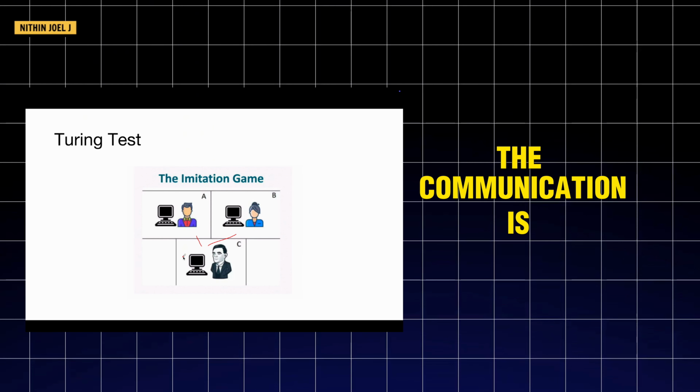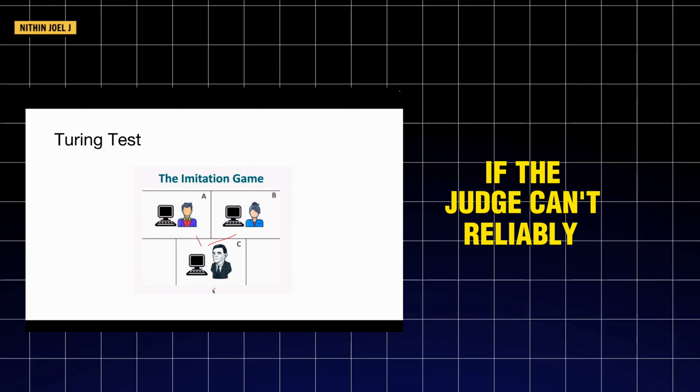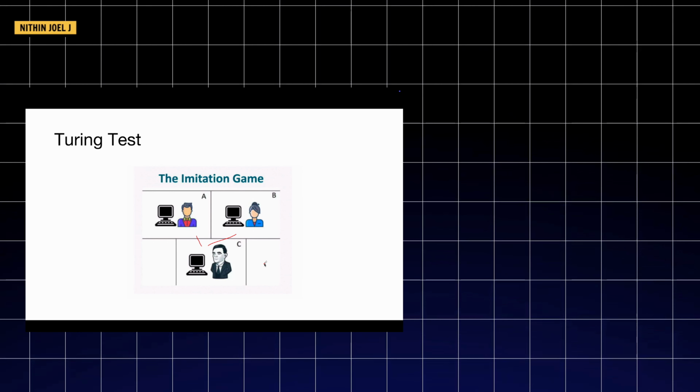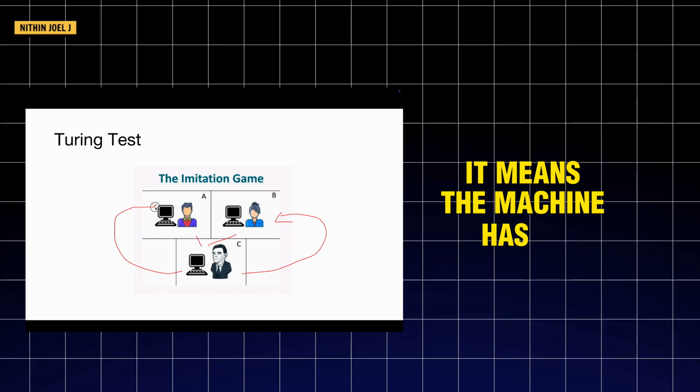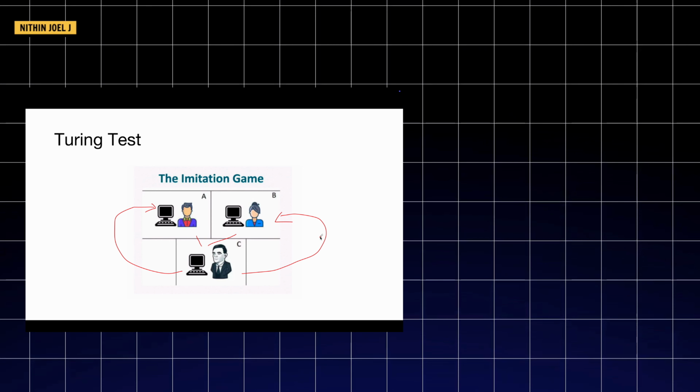The communication is text only, with no visuals or audio cues. If the judge can't reliably tell which is the machine, the machine is said to have passed the Turing test. That's huge. It means the machine has shown human-like intelligence, at least in conversations.